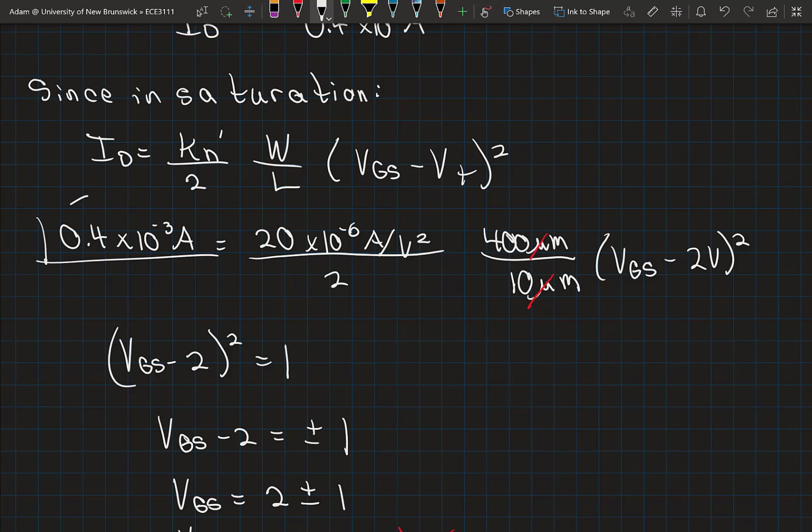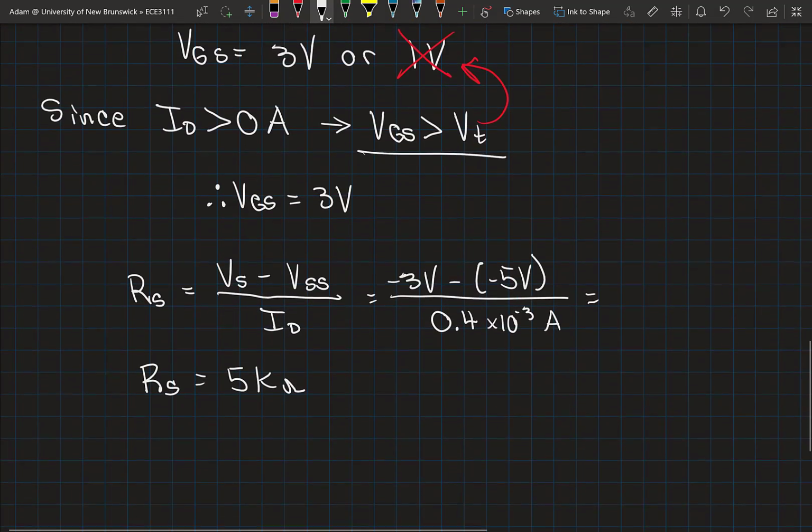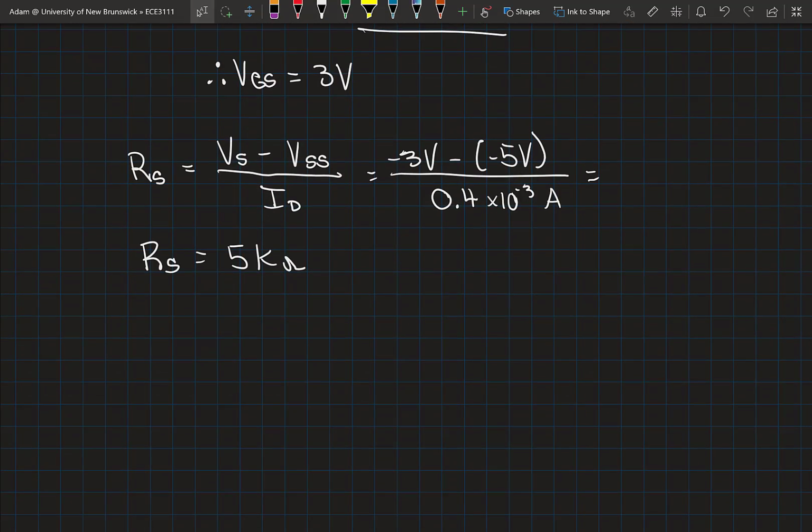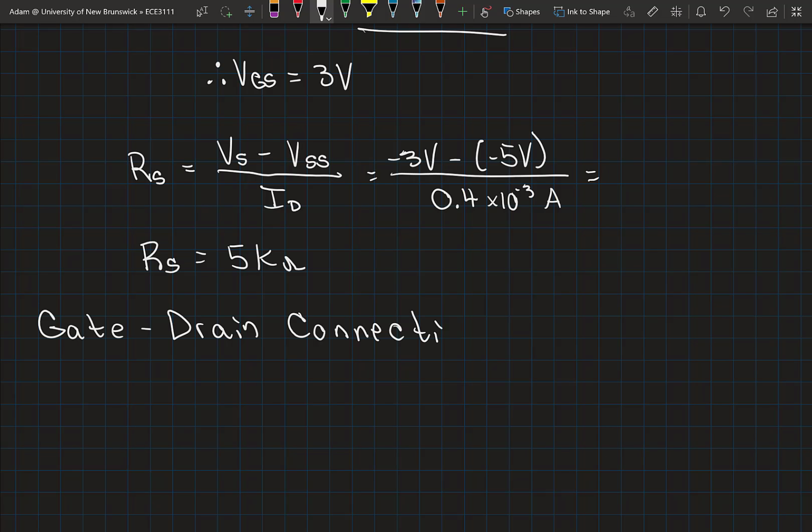Often when you're looking at bias circuits for MOSFETs, you'll see that the gate and the drain are connected directly together.